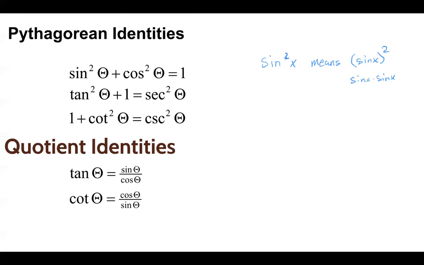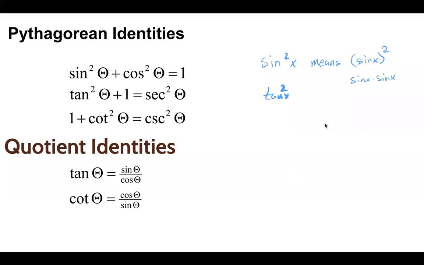So you don't understand that it means the whole thing is being squared. So just keep in mind, if I say tan squared x, this means tan x all squared. I hope that helps.